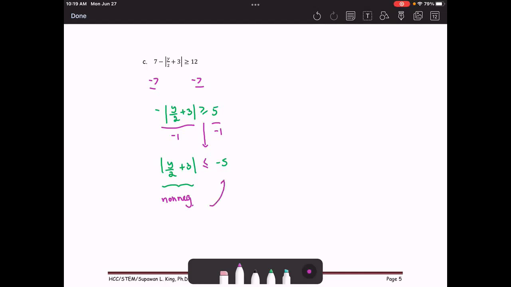So it's not true that we can have the result as negative 5. Therefore, in this case, we say there is no solution. If no solution, we can write it as the empty set, or the null set symbol, or the open and closed set symbol with no members in there.